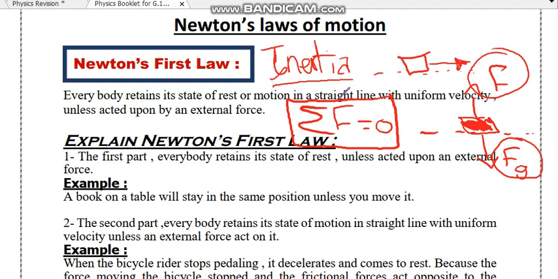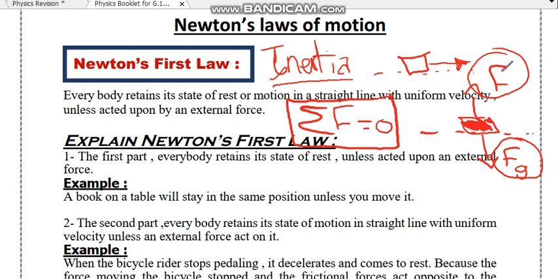Okay, and this summation of F that equals 0 is called the mathematical relation of Newton's first law. Newton's first law is called the law of inertia, and its mathematical relation is sigma F equals 0. Sigma F, or sum of F, equals 0 means that the body is in equilibrium.